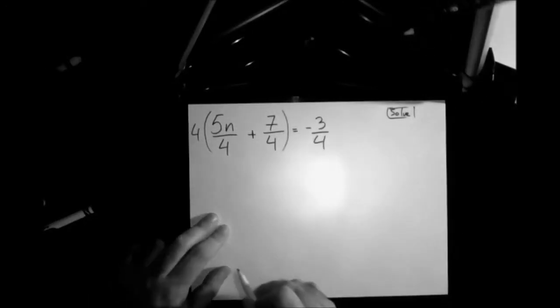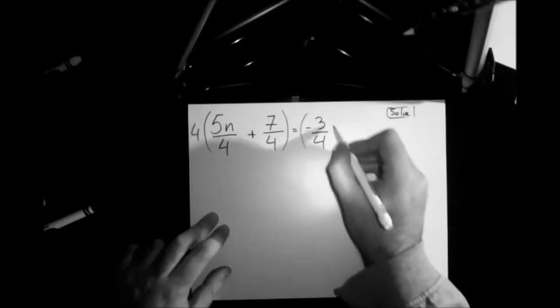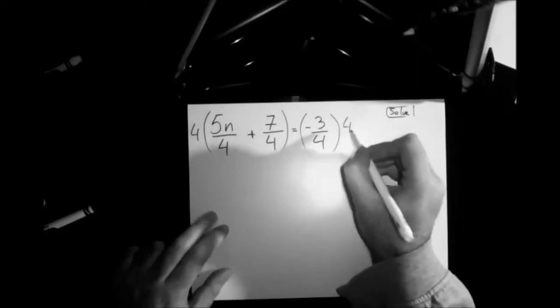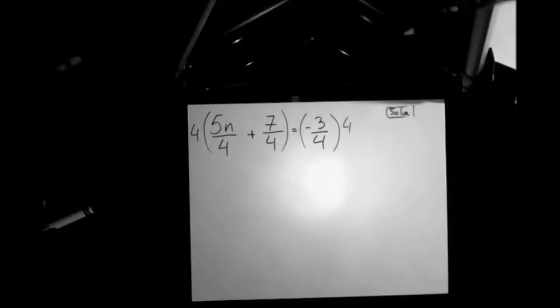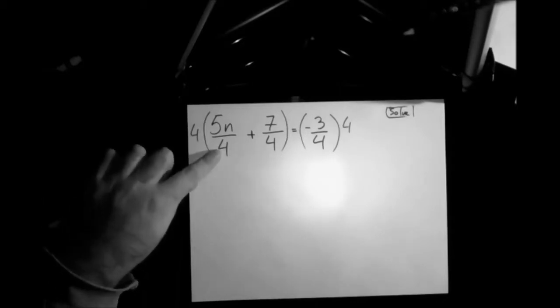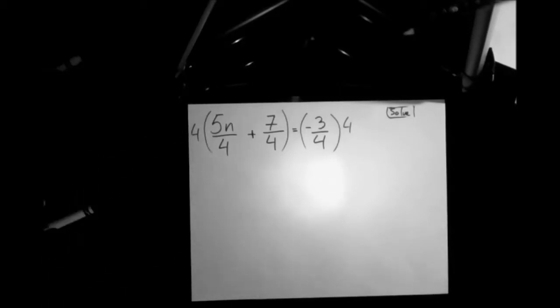Everything here by 4, and everything here by 4. Now this isn't new. I can multiply both sides of the equation by anything that I want, as long as it's the same number and the same operation, I'm good to go. Why did I choose to multiply by 4? Well, because divide by 4 and multiply by 4 are inverse operations. They're opposites. They cancel each other out.